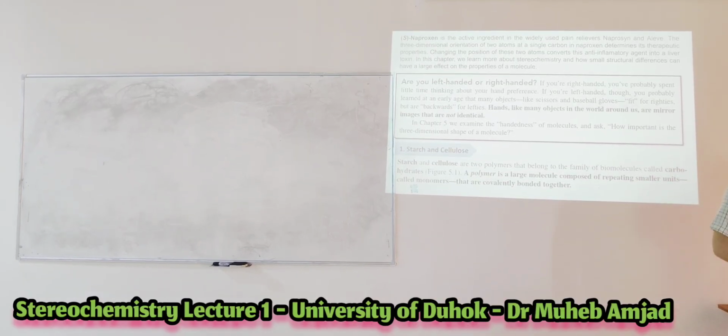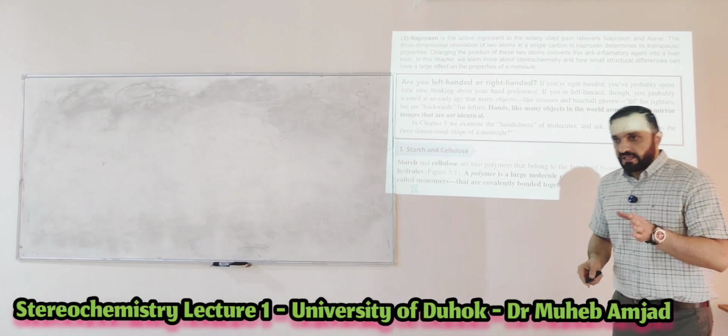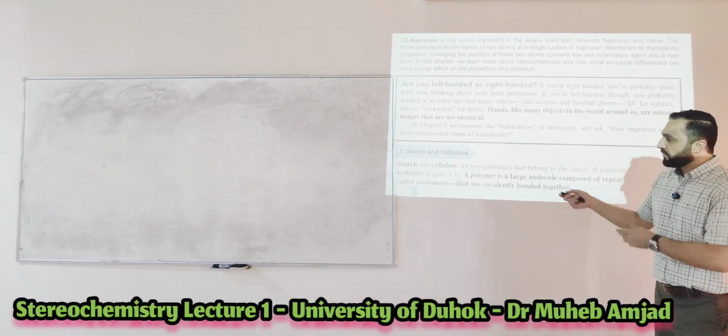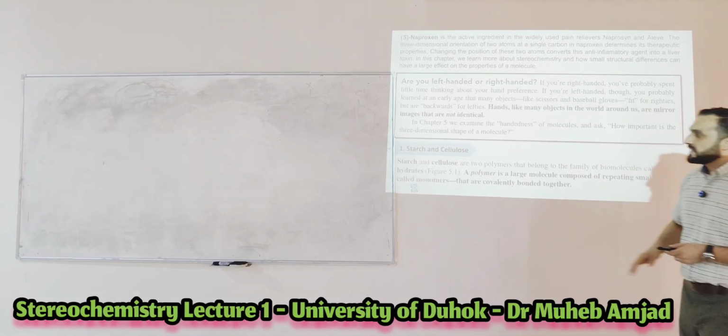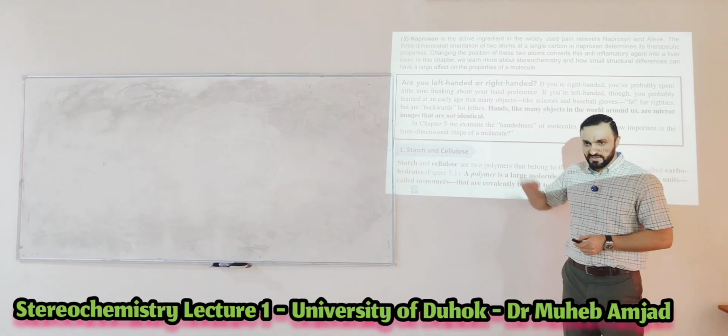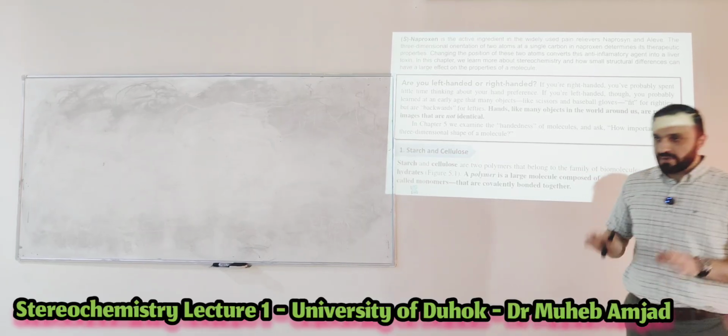Another example, to show the importance of stereochemistry for isomers, is the starch and the cellulose. Both of them are polymers.